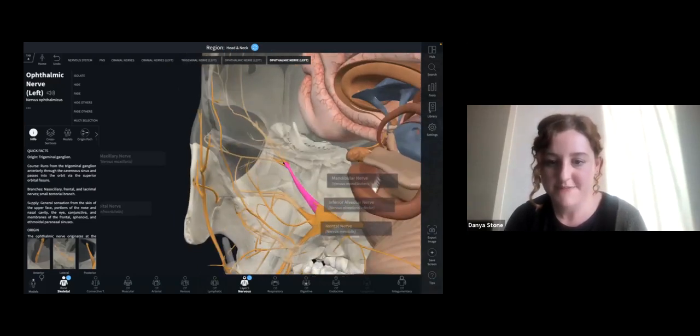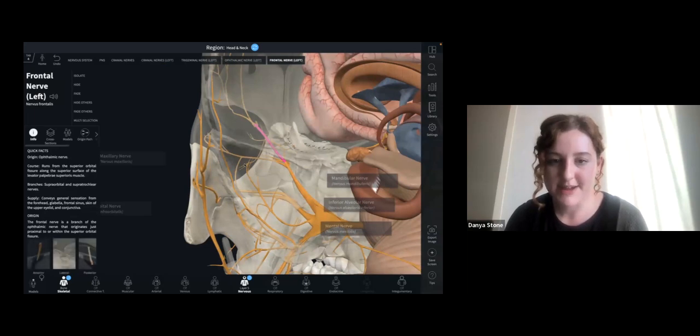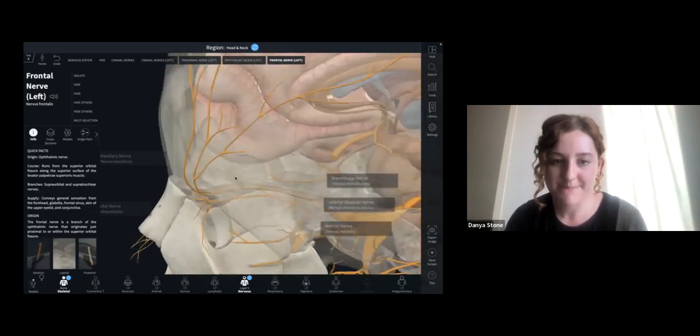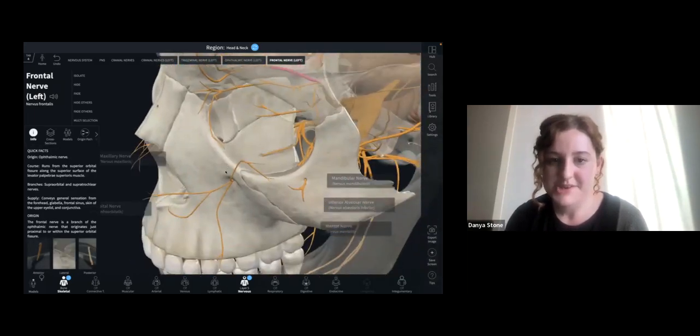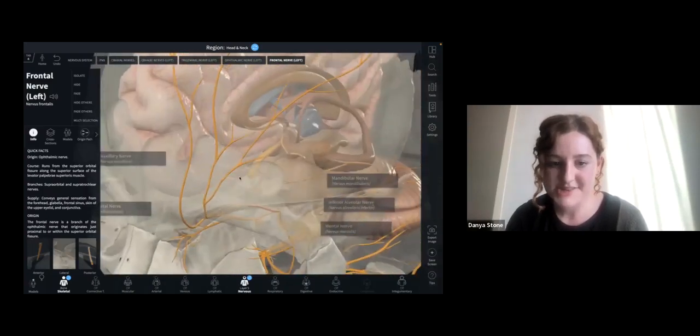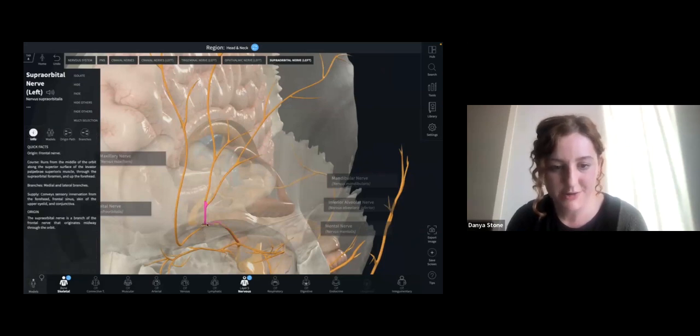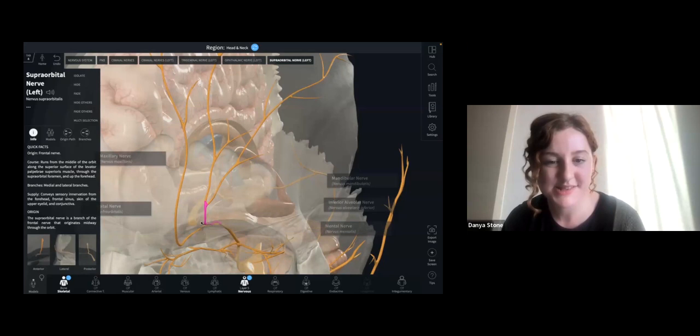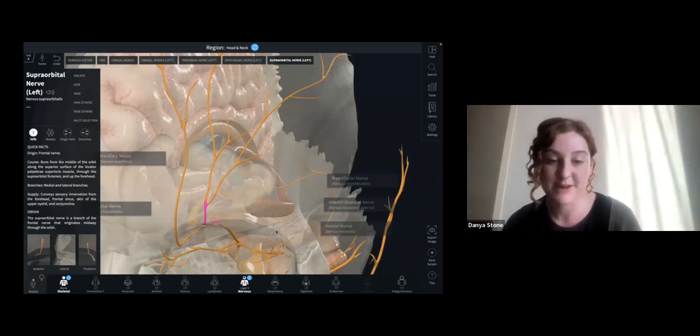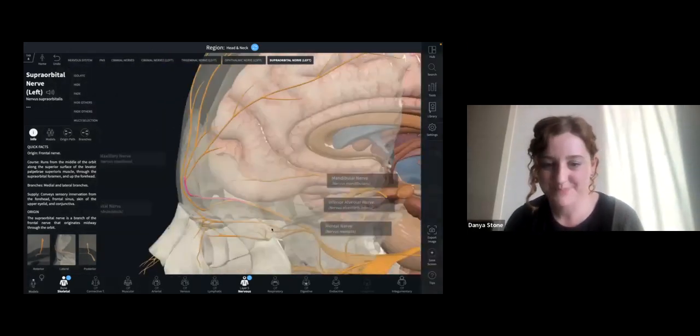So here we have the ophthalmic nerve. And if we follow it around to the other side, we should be able to see it emerging out onto the face through this tiny little hole or foramen that we can see just here. So this is the supraorbital nerve, and it's a branch of the ophthalmic division.